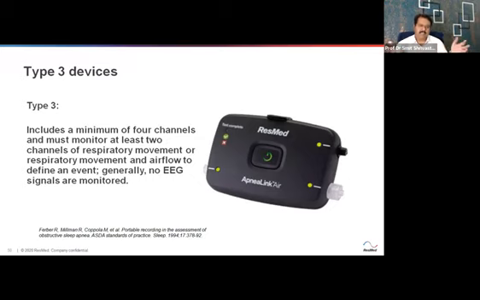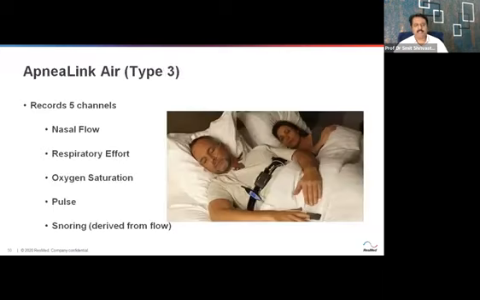As the chest expands, the movement is recorded. Nasal prongs are put on the patient's nose. It records respiratory movements, airflow, and SpO2, but it does not record the EEG, and therefore we may not be able to define the stages of sleep.